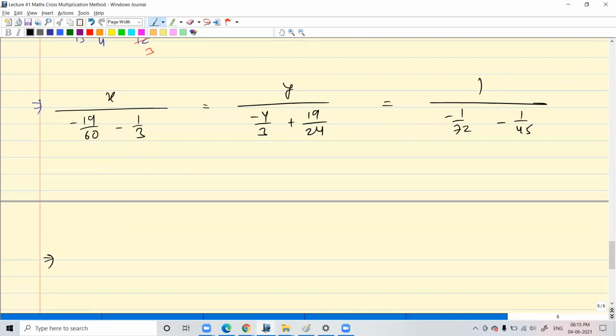So tell me, do this simplification. Everybody knows how to do addition of fractions. So do this. Tell me, what should I write? Yes.